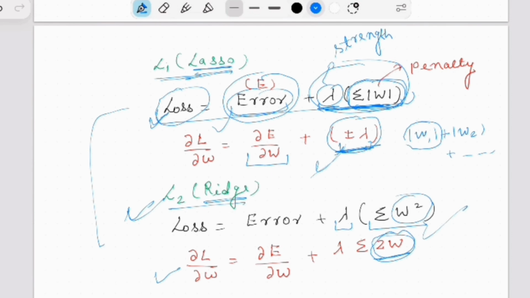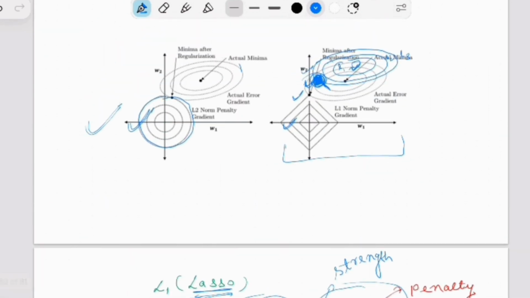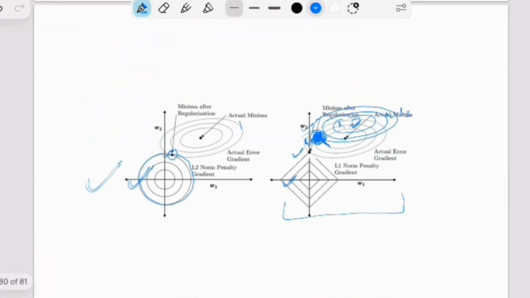It means some of the features will vanish totally, and my parameters will reduce, my features will reduce. But in the case of L2, the weights will reduce. So the parameter or the variable or the feature will not vanish. Its impact on the output will reduce. That's it. So here you are reducing the impact in L2, and in L1 you are vanishing the feature.